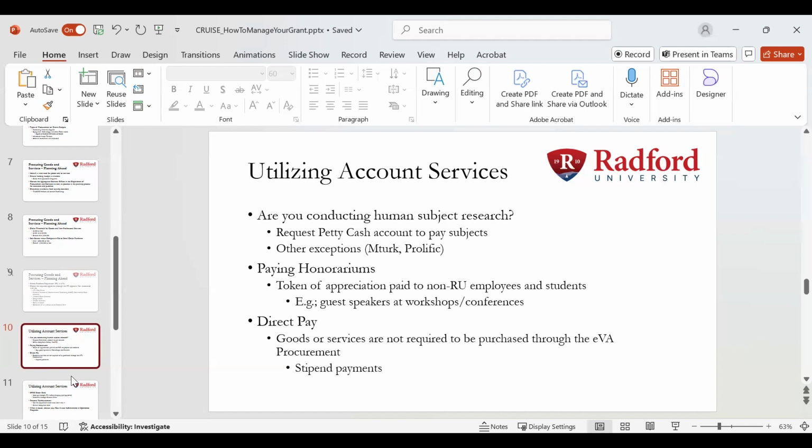Because Angela's right, we do have a lot of grants that still use petty cash, where you're going to have cash that's offset from the grant, but you're going to have a pool of cash that you've got to keep up with. It's got to be locked and stowed appropriately and with a log.